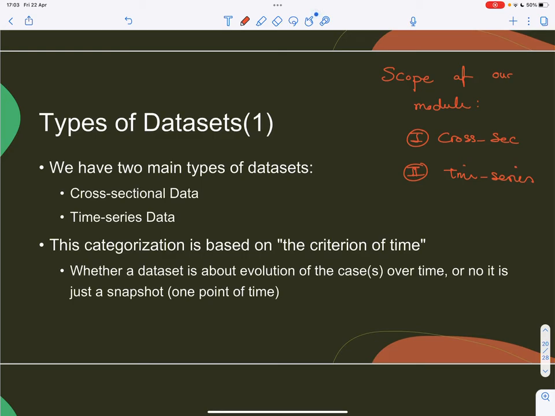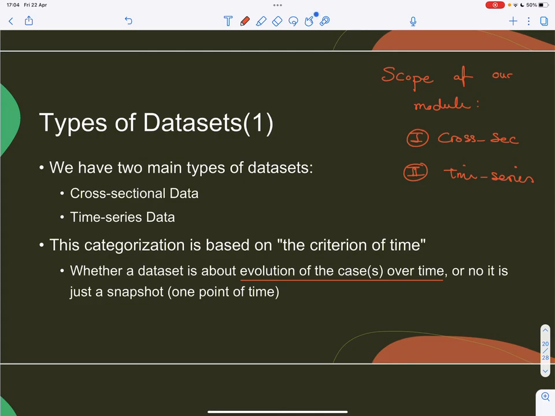But before the definition of these two categories, let's think about how we have separated datasets into these two groups. This categorization is based on the criterion of time. Whether a dataset is about evolution of the cases over time. Evolution over time means some sort of dynamism.